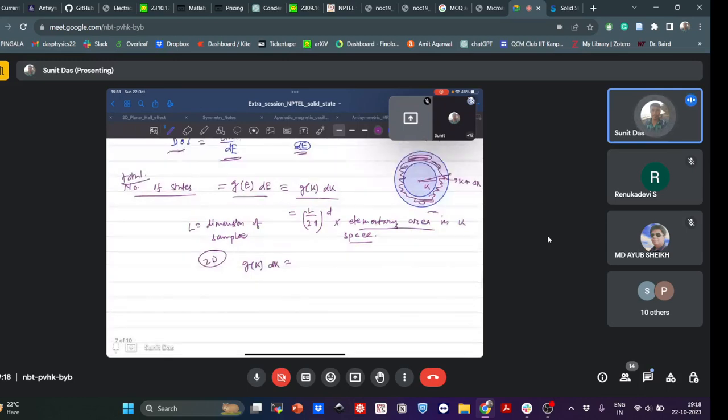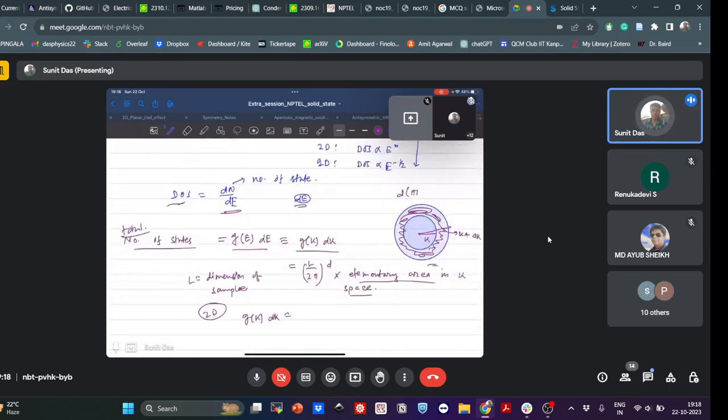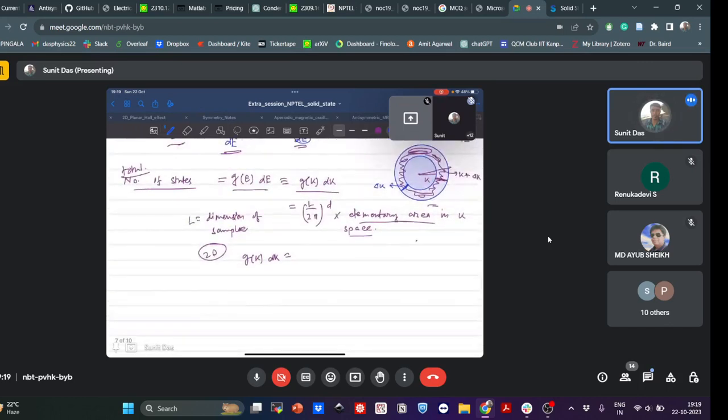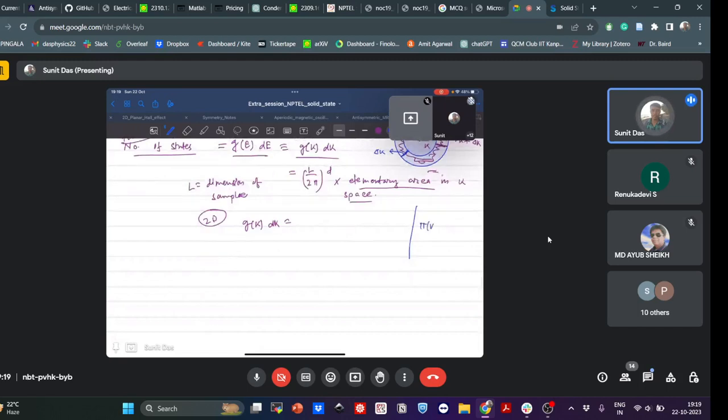So the elementary area will be d(πk²) equal to 2πk dk, meaning delta k. This part is delta k. You can find it another way: π(k+Δk)² minus k².